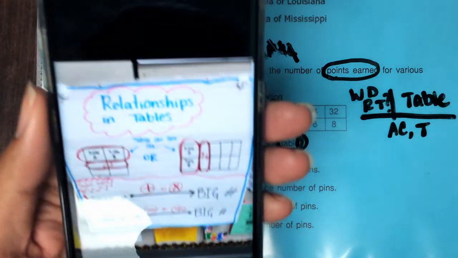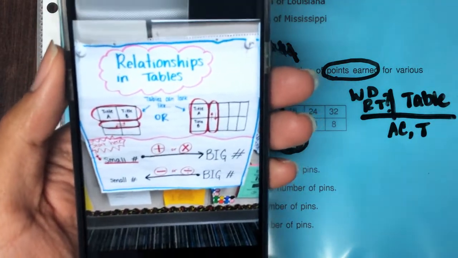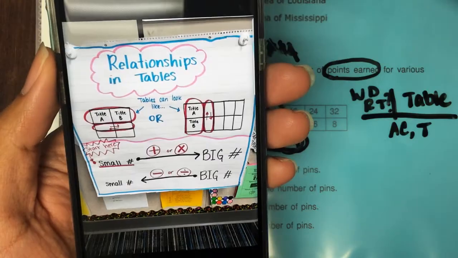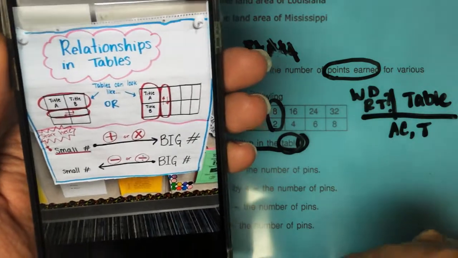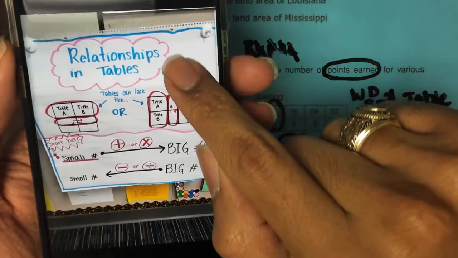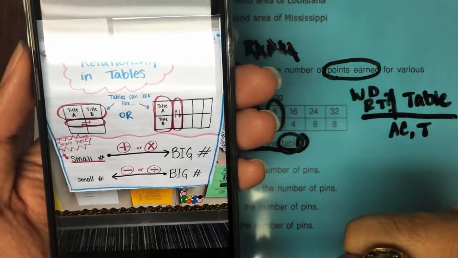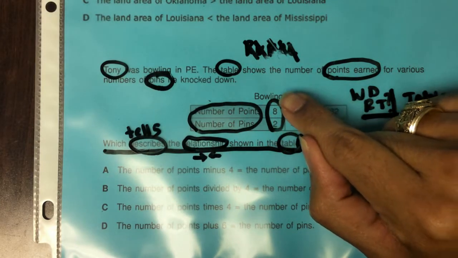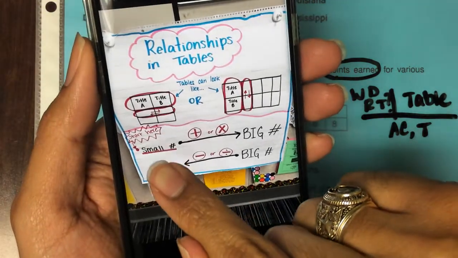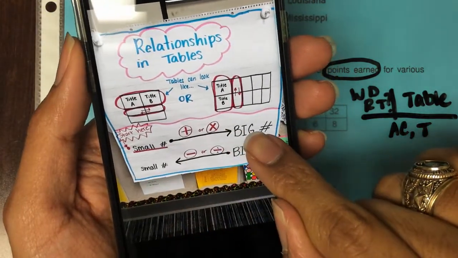Let's take a look at the relationships in tables anchor chart that's up on the board. So we already figured out that our table looks like this one, where the titles are on top of each other, but now we need to go down here because we need to start with what? The small number going to the big number, or the big number going to the small number? We need to start with the small number going to the big number.